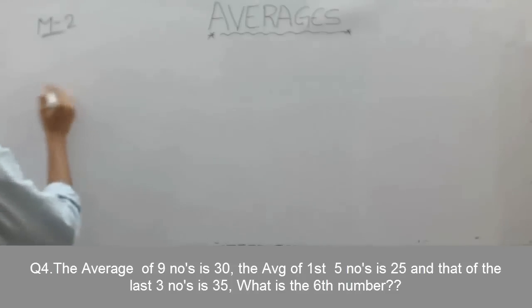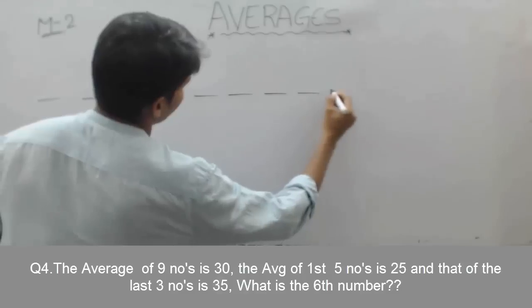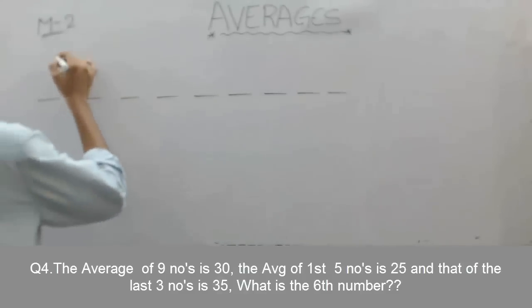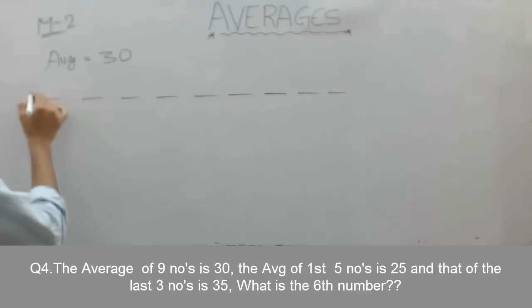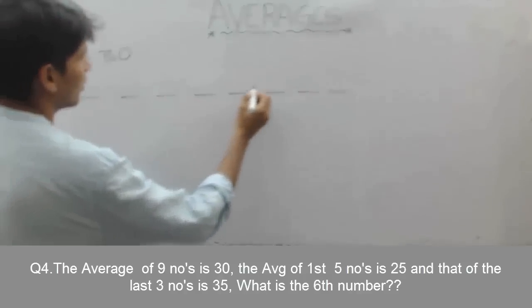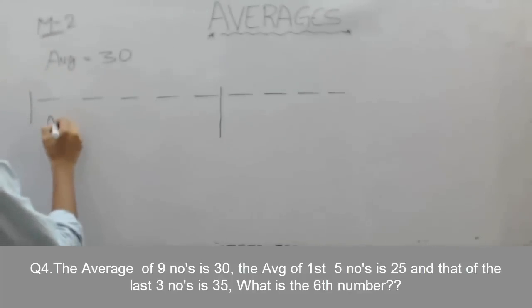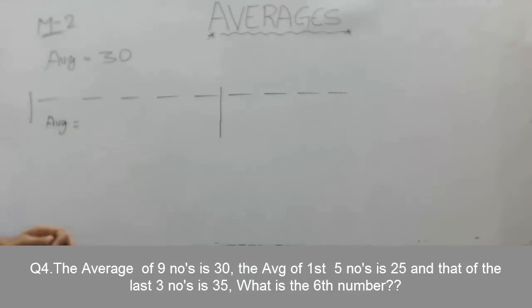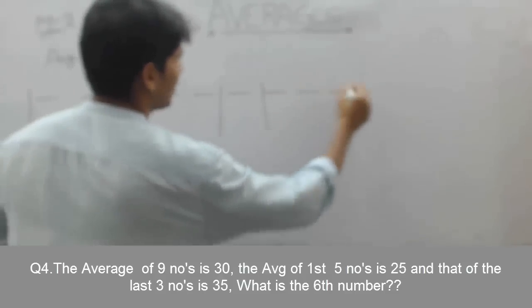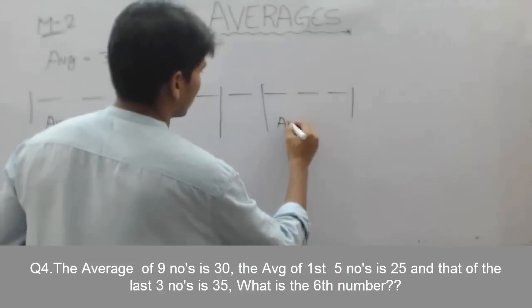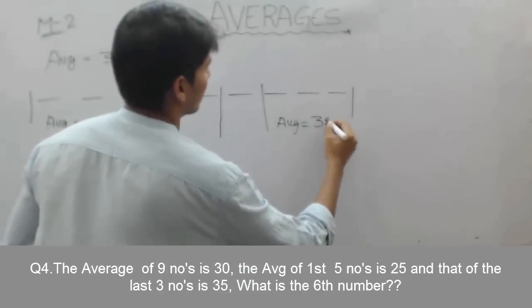He has given 1, 2, 3, 4, 5, 6, 7, 8, 9. So the average of these 9 numbers is equal to 30, and he has also given that the average of the first 5 numbers is 25 and the average of the last 3 numbers he has given as 35.